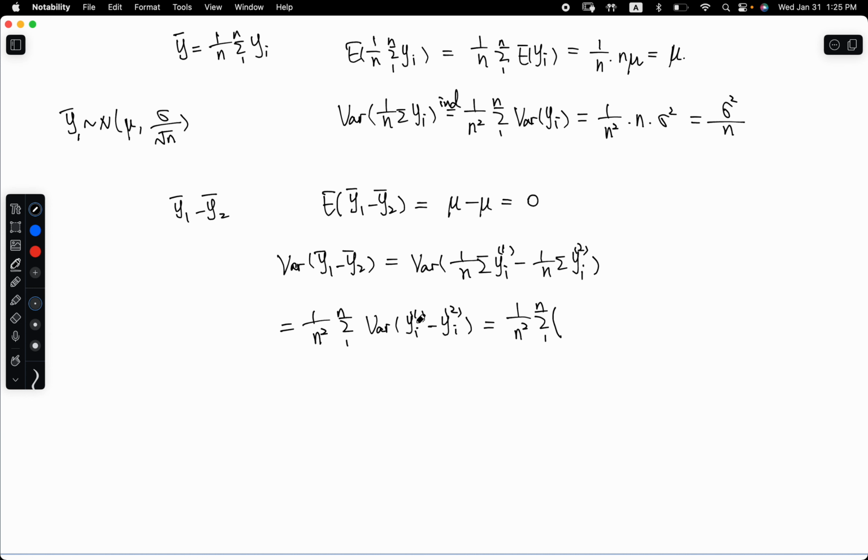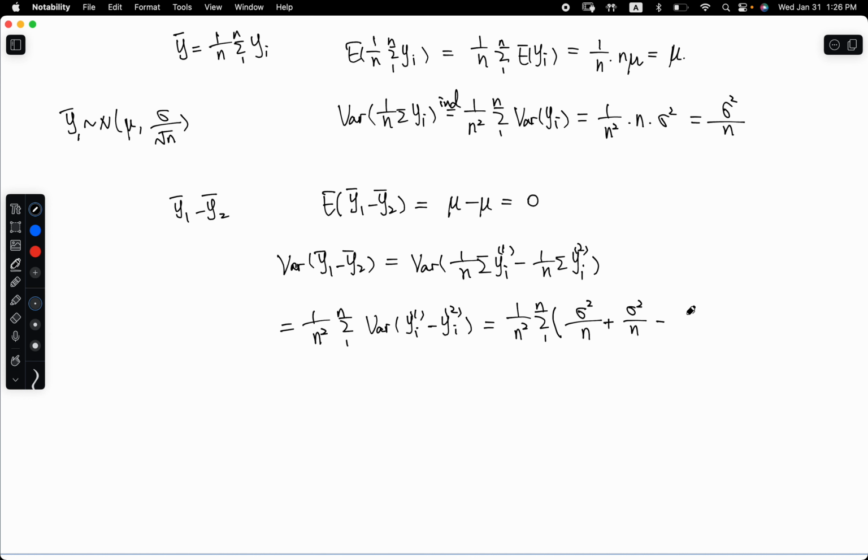So we need to calculate the variance of yi, which is sigma square over n, coming from here. And here this is actually -1 multiplied by that. So don't forget, when you bring a constant term outside the variance, this is actually squared. So the square of -1. So you will have another copy from the second sample, from the second group.